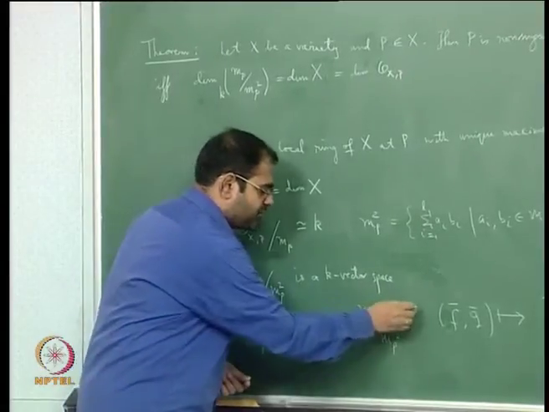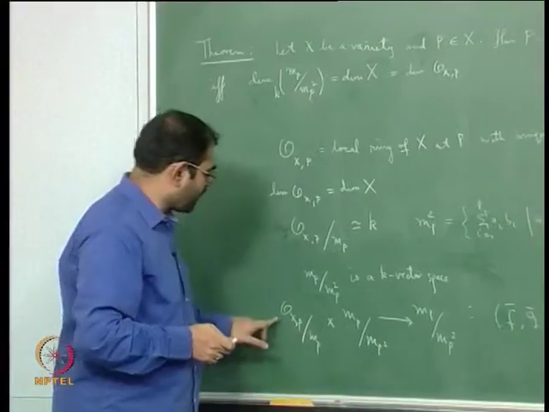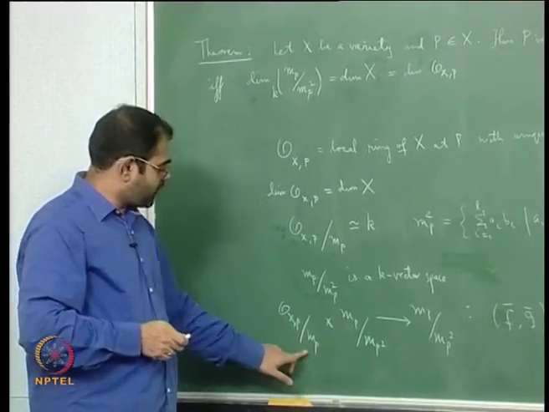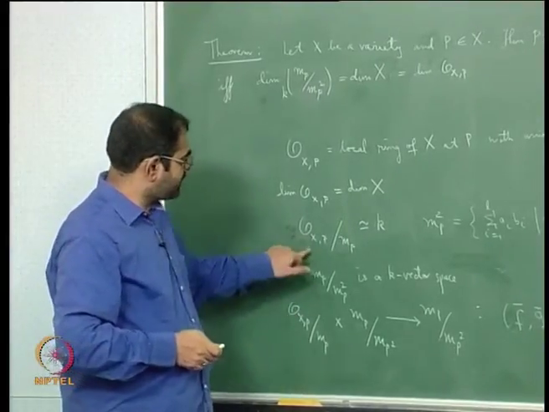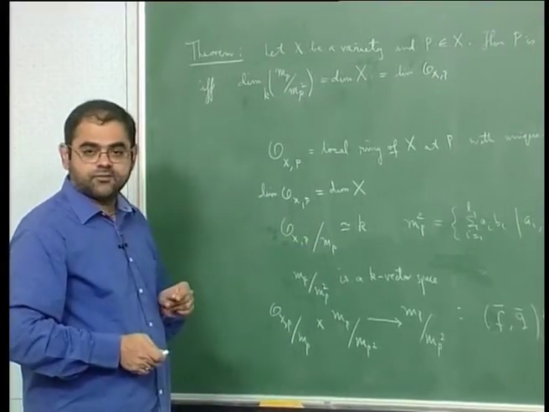I think this should give you an obvious map which will make MP mod MP squared a module over OXP mod MP, but OXP mod MP is just K, therefore MP mod MP squared is a module over K, so it is a vector space.